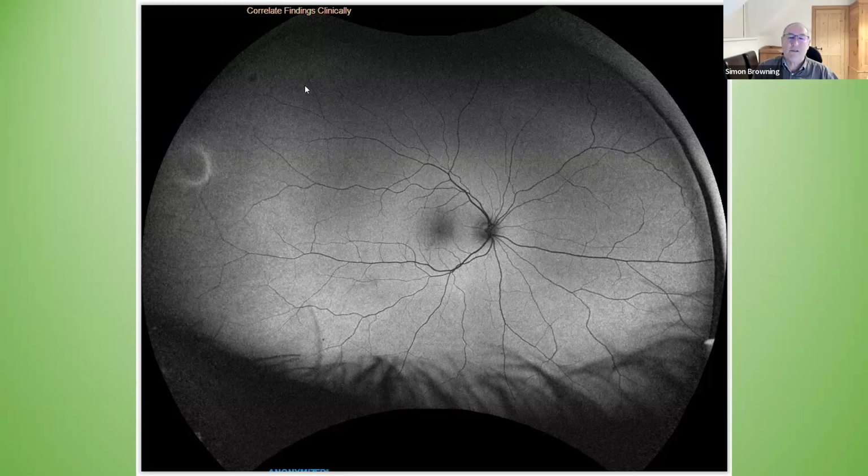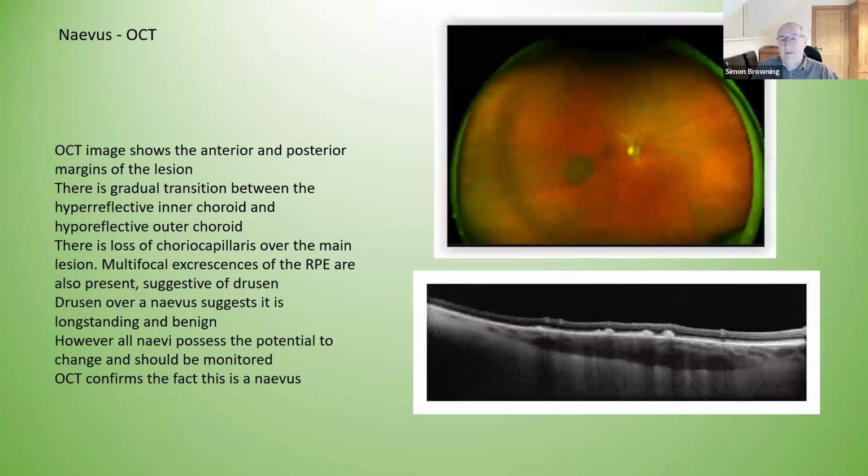We're not seeing any metabolic interference. And if you can get an OCT onto it, obviously that is really helpful, because you can see the nevus quite clearly, and you can see the drusen over the top of that clearly as well. So again, a nevus OCT will go a long way to confirming that.